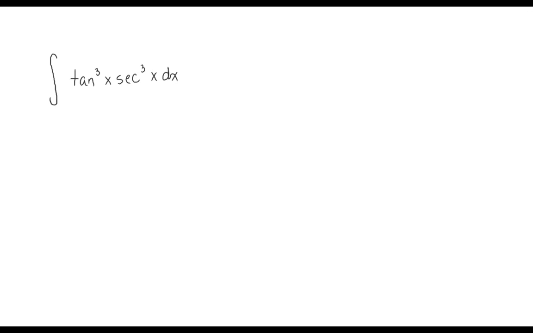When I go back and look at my sheet, it says if m is odd, where m is the power on tangent, split off a factor of secant times tangent. So let's just see how that works. We're going to start by splitting off a factor of secant x times tangent x.